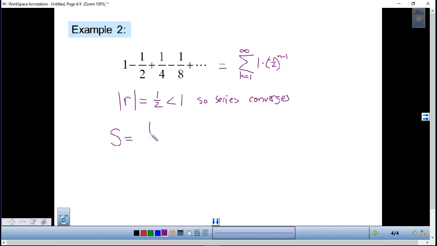Well, S is going to be 1, the first term, over 1 minus the common ratio, which is r. Now the common ratio is actually negative 1/2, so you need to put it in as that. So negative 1/2. And then we end up with 1 divided by 3/2. So we end up with 2/3.